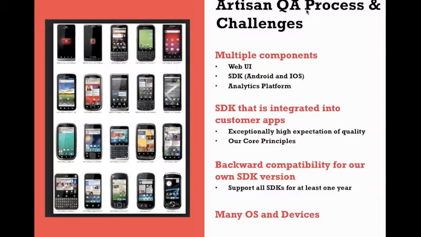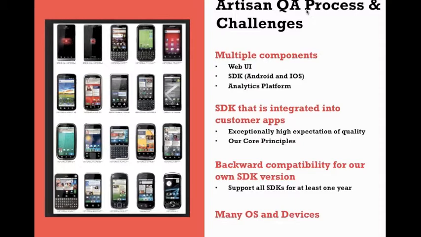And now we also have a 2.x platform, which is adding in a new analytics platform and a couple of other new products that we're also guaranteeing is backward compatible at least for the last year. This is a lot of versions to maintain. It's a lot of backward compatibility to test. And again, that's for iOS and also for Android.